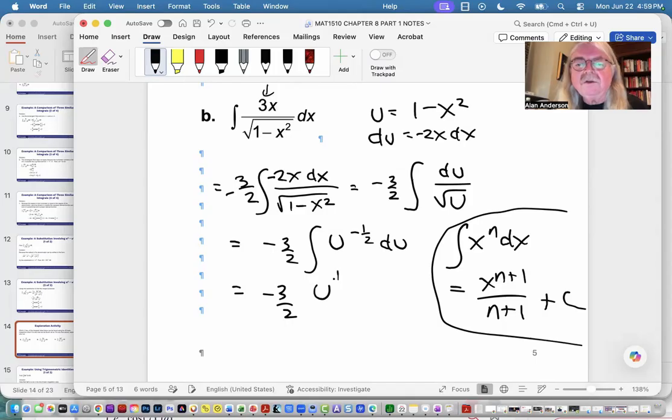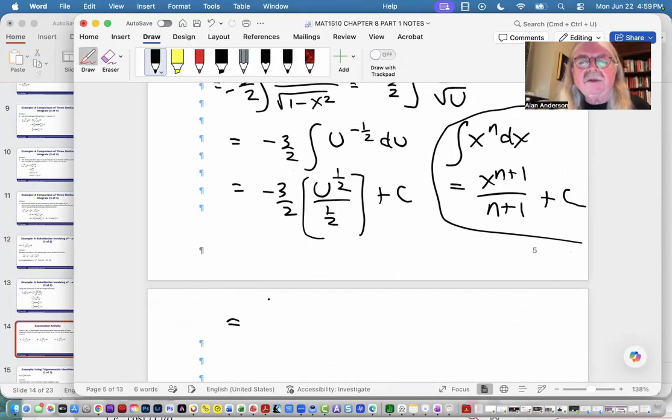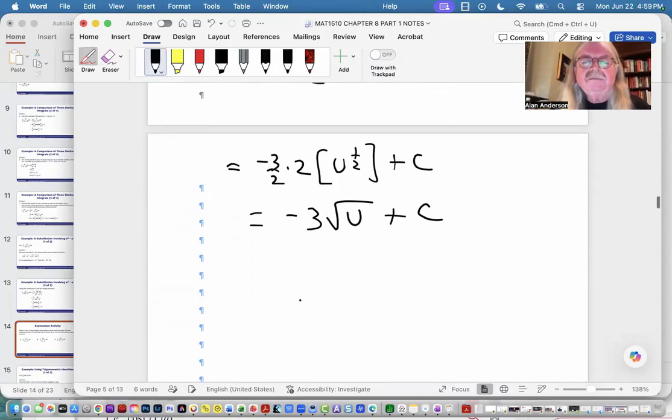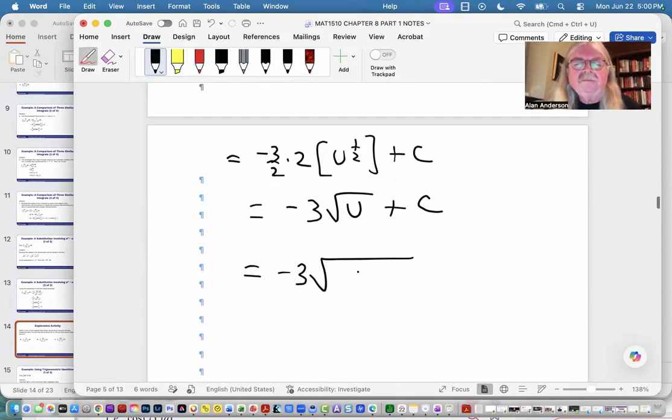So we're going to end up with u to the 1 half over 1 half. Now, of course, dividing by 1 half is the same thing as multiplying by 2. So we end up with minus 3 radical u plus c. And of course, u itself is, as we set up here, 1 minus x squared plus c.